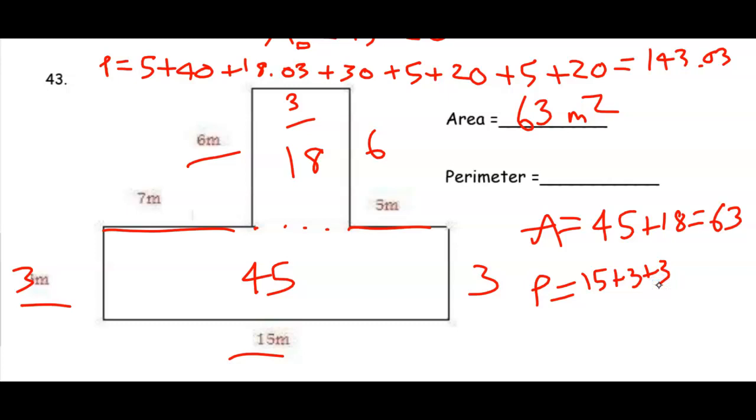Wait, that's a 5. Plus 5 plus 6 plus 3 plus 6 plus 7 plus 3. That's ugly. All right. 18, 20, 29, 32, 38, 45, 48. 48 meters.